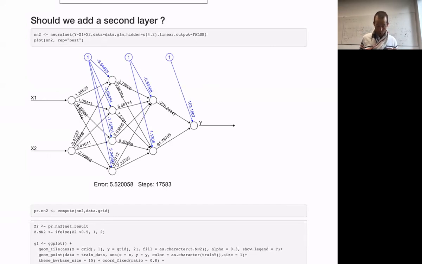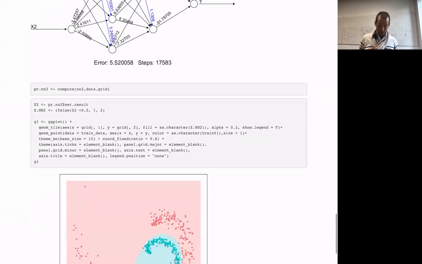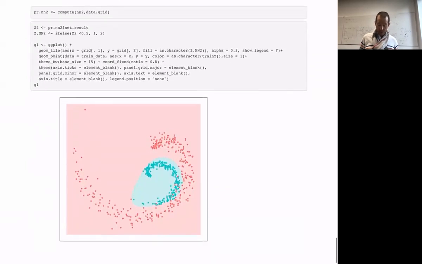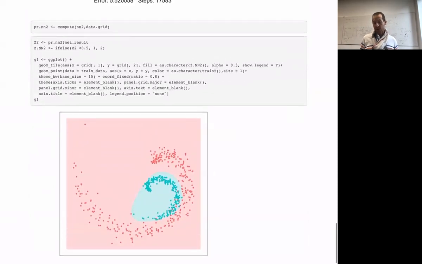I just visualize: now my neural network has 2 hidden layers, so more parameters to estimate. If I look at the result, it's quite nice. Now I have managed to classify my nice picture with the green and the red.